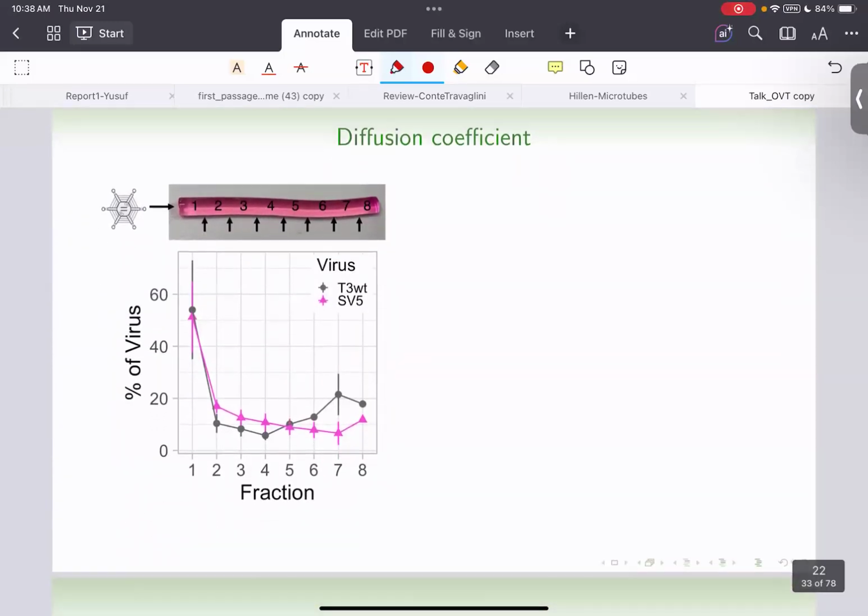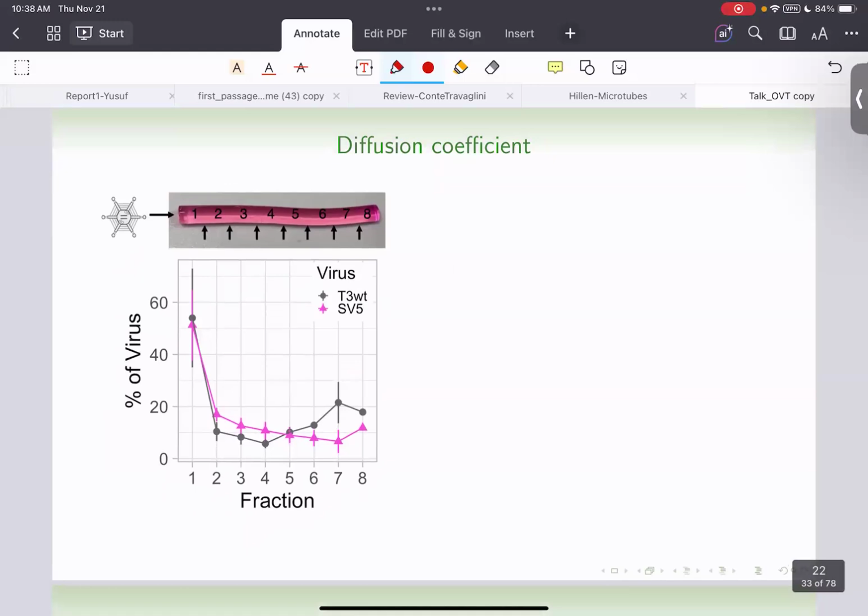For the diffusion coefficient, they made an extra experiment for us where they took a little rod of material, no cells, just the material the cells live in, and then they inoculated the virus here on the left. Then they divide this rod into compartments 1, 2, 3, 4, 5, 6, 7, 8, and they measure the virus expression in each of these subintervals.